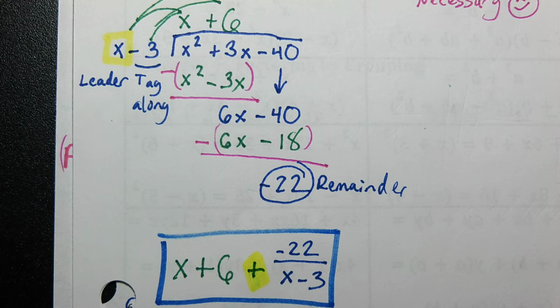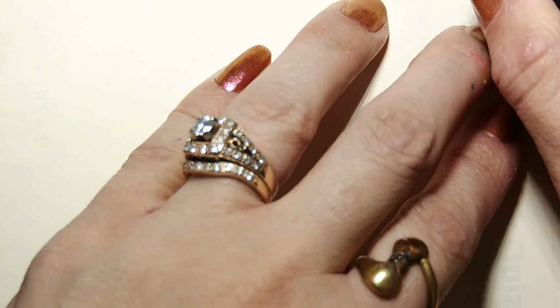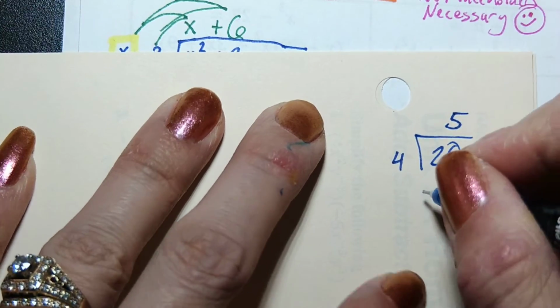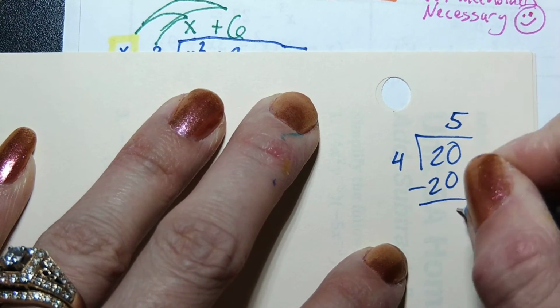You know what? Since you asked, I'm going to show you how we would do the check for this. Let me grab some scratch paper. So, folks, how do I check division? What's the opposite of dividing? Multiplying. So, if I have 20 divided by 4 is 5, we get 20, we subtract, and we get 0.